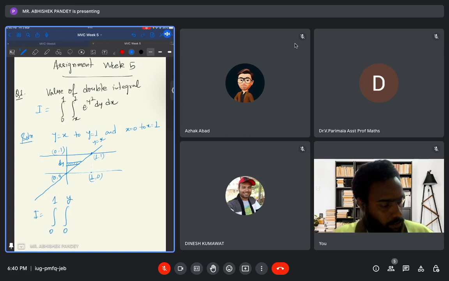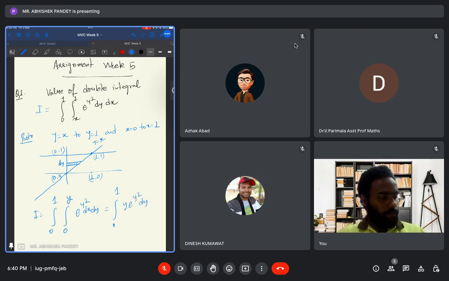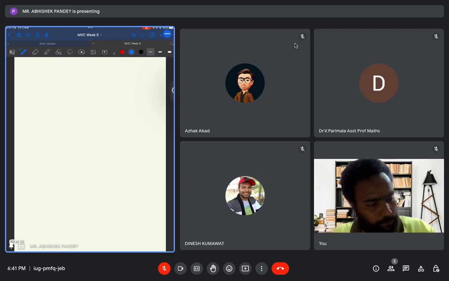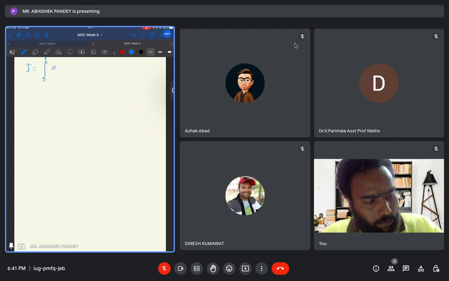This is e to the power y square dx dy. Now this thing is easy, 0 to 1. So this will become y e to the power y square dy. Now I is equal to integral 0 to 1 y e to the y square dy.